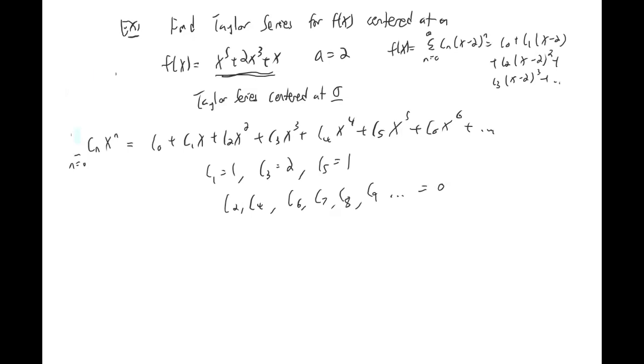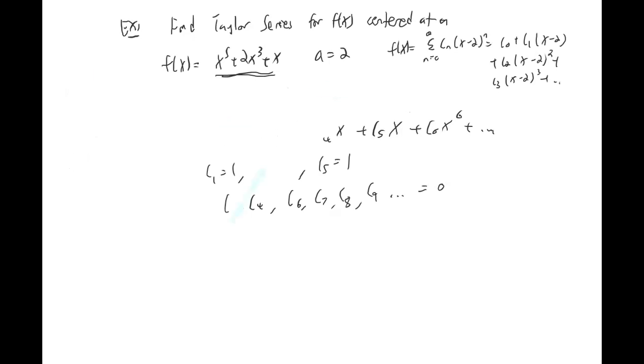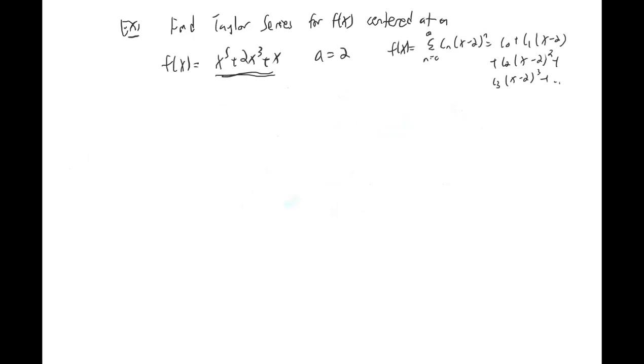Knowing that, let's do the question now. Same exact thing, right? Like you just do derivatives. Except they want the whole Taylor series, so we're going to have to keep doing derivatives until we see a pattern.